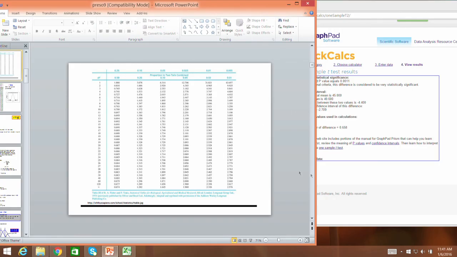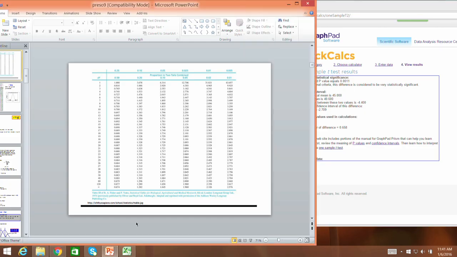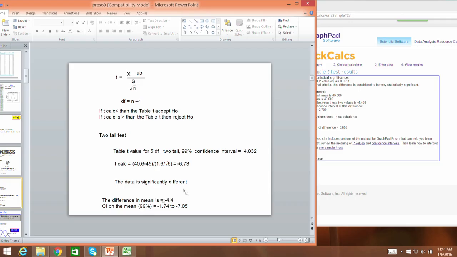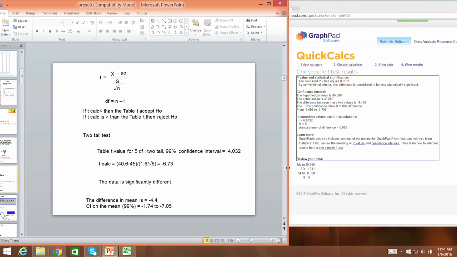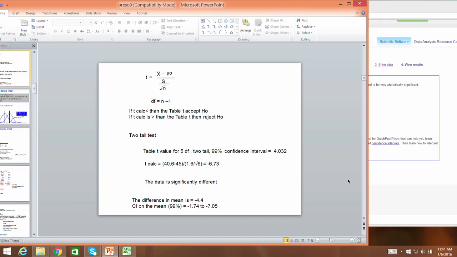So the t value which you calculate is quite high here, 6.692. That number is much higher than the table t, whether it is at 95% or at 99%.